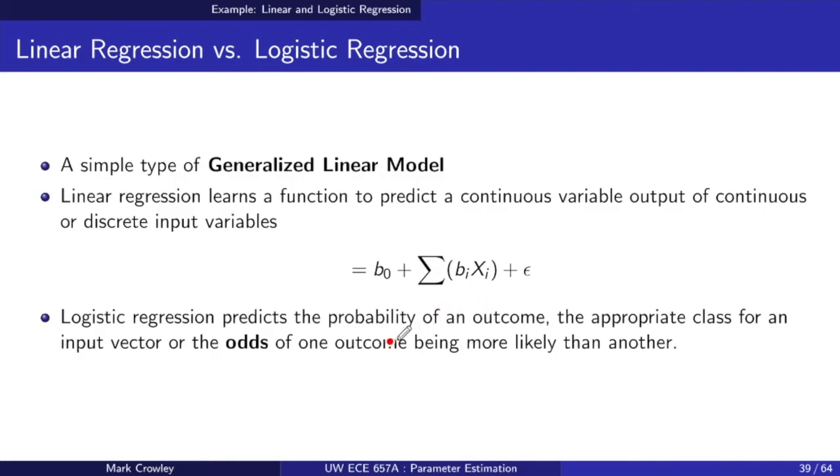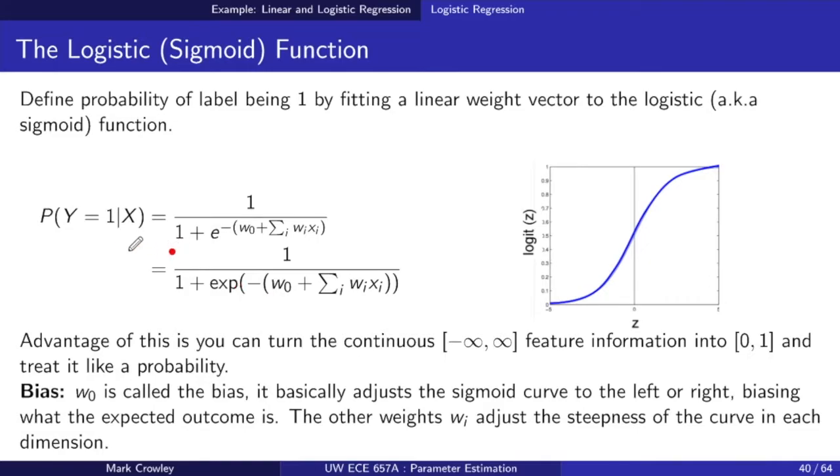But the function that we're pumping it through for logistic is different. It's this function, which has the form 1 over e to the minus the sum of the weights, and you get this logistic or sigmoid function.